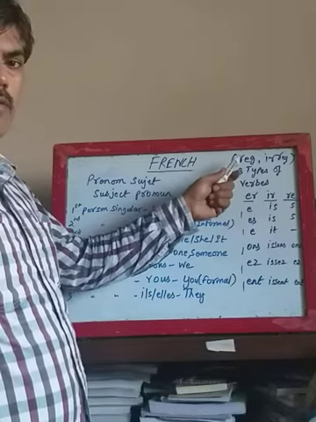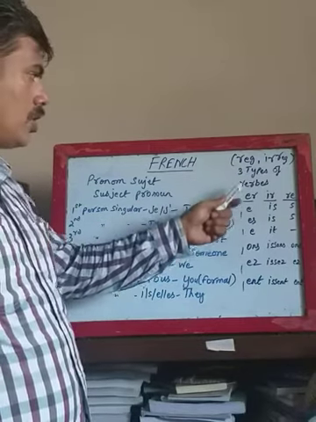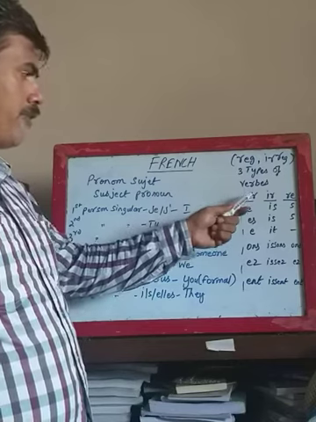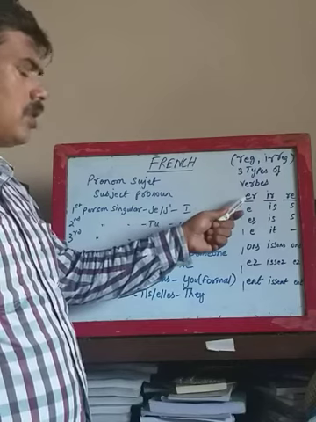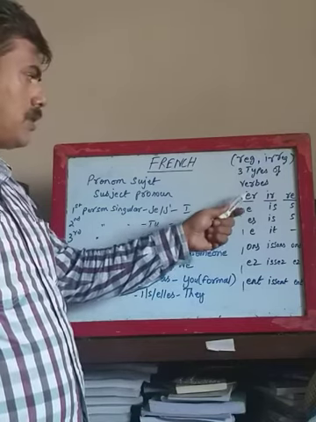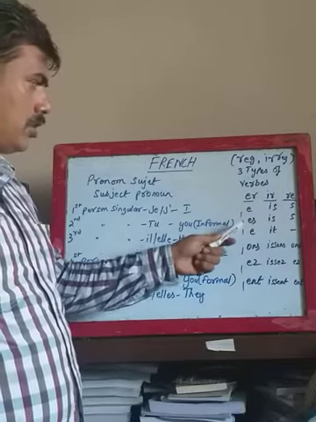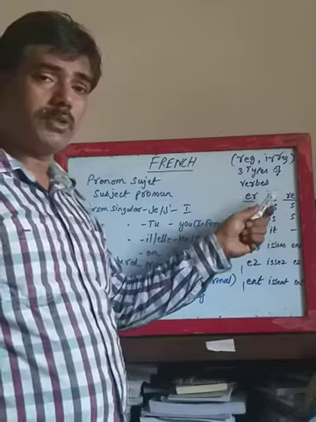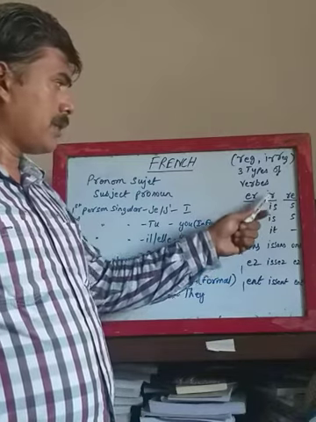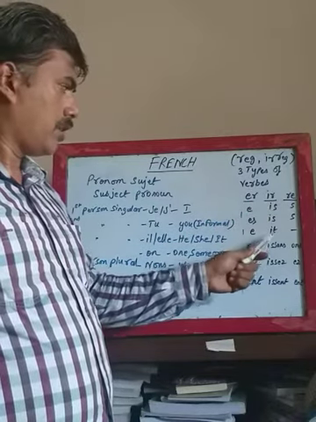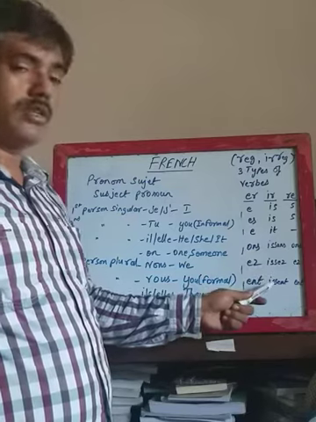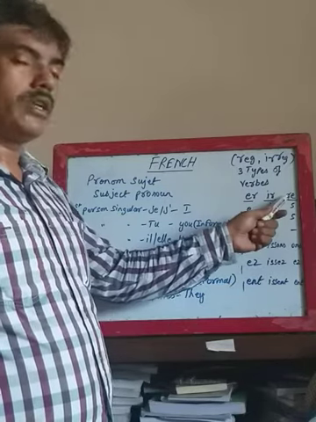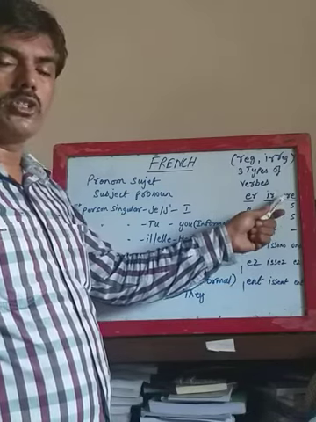Now let us see the regular verb conjugations. How to write them? For example, first the er verb: replace er with these endings: e, es, e, ons, ez, ent. For ir verbs, replace ir with is, is, it, issons, issez, issent. How to get the re verb conjugations in present tense?